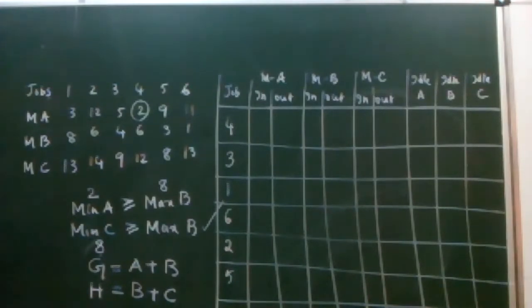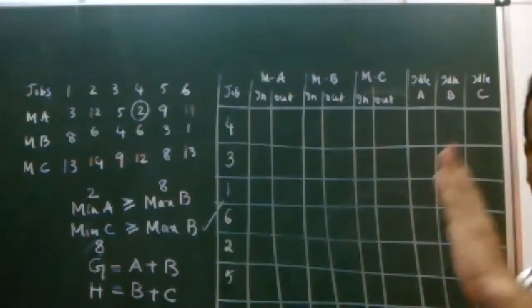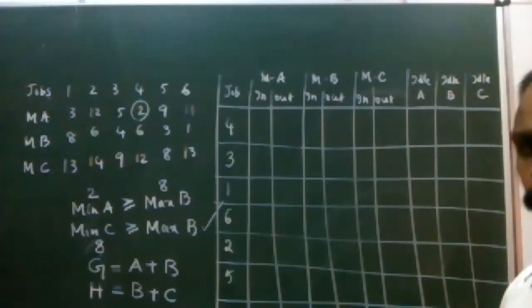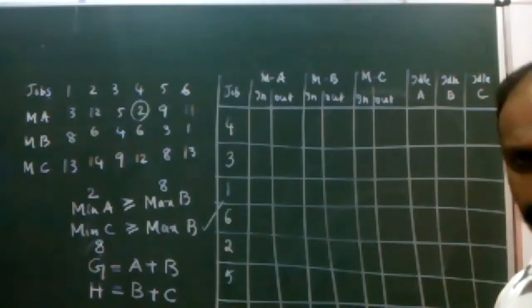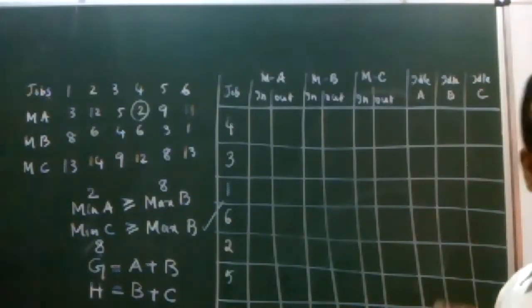As usual, whatever procedure we followed in the two machine problem, the same procedures are applied in the three machine problem as well. The only difference here is instead of two machines, there are three machines. Otherwise, the way we calculate the value, the way we apply the no passing rule, everything is exactly the same. Absolutely no difference.